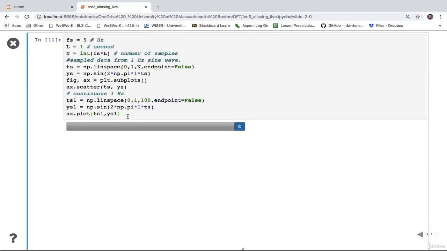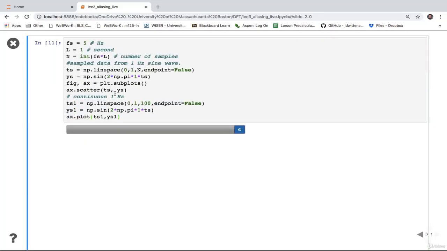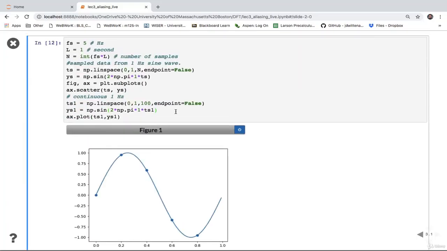Let's see. Okay, let's see why this doesn't work. 0, 1, 100, endpoint is false. Oh, I want this to be TS1. There we go. Okay, so our samples match up exactly to our 1 Hertz wave.